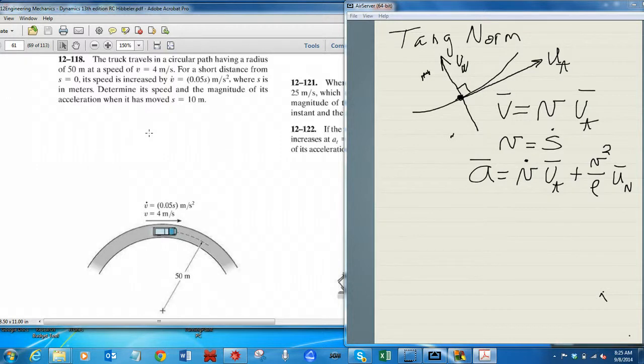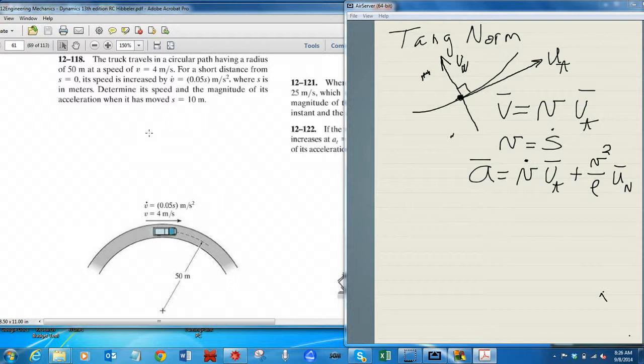For a short distance from S equals 0, its speed is increased by V dot equals 0.05 S, where S is in meters. Determine its speed and the magnitude of its acceleration when it has moved S equals 10.